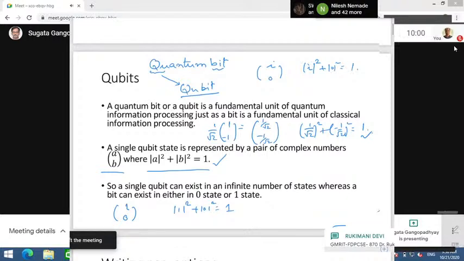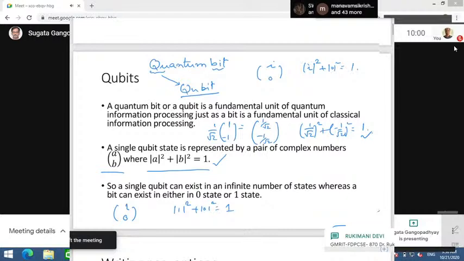First of all, it is possible to create qubits having a particular state.